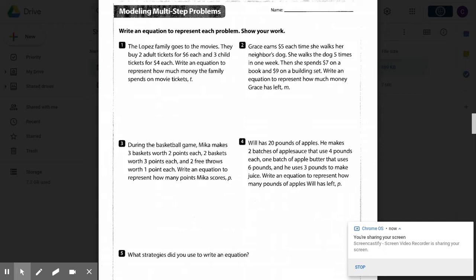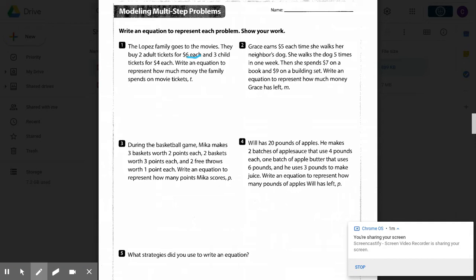So number 1 says, the Lopez family goes to the movies. They buy 2 adult tickets for $6 each and 3 child tickets for $4 each. Write an equation to represent how much money the family spends on movie tickets. First I'm going to figure out what operation I'm going to have to use. If they're buying 2 adult tickets that are $6 each, I'm going to underline that each.